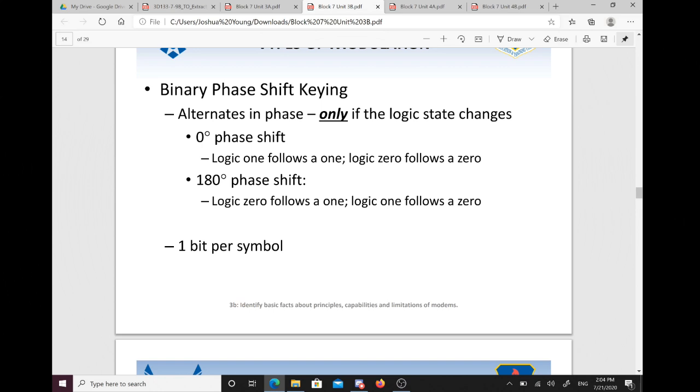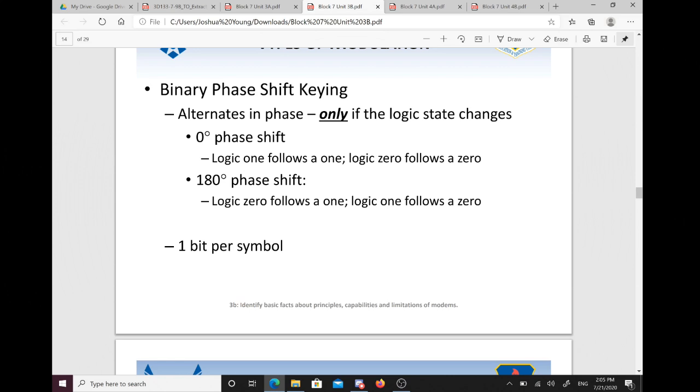You know how we were talking about in a balanced transmission line, the transmission on each line has to be 180 degrees out of phase with one another so that there's no interference. So this is kind of expanding upon that concept, in that BPSK will only alternate if your logic state changes.